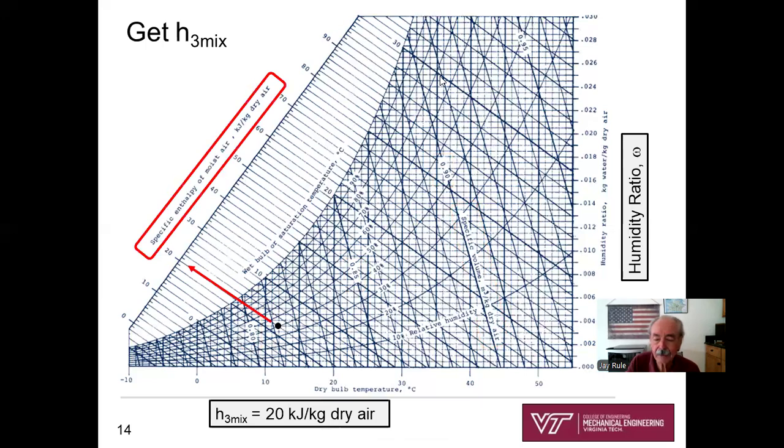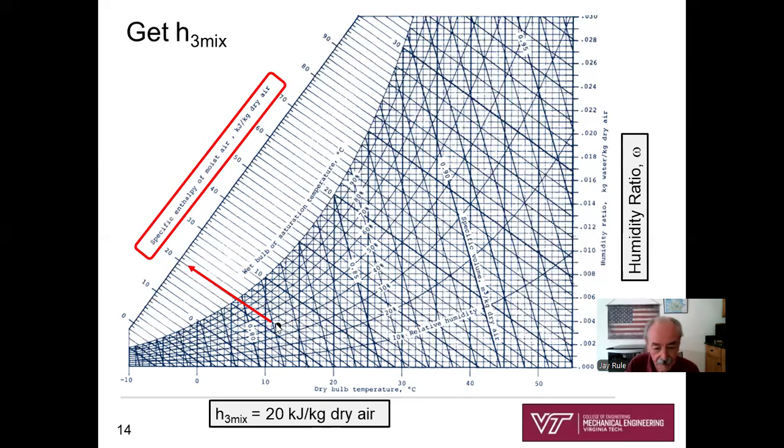Okay, now let's work on the enthalpy. So I'm on my psychrometric chart. I'm going to look at this axis label over here. It says specific enthalpy, that's little h, of moist air in kilojoules per kilogram of dry air. So very interesting units, kilojoules of mixture per kilogram of dry air. So you got to be very careful about that.